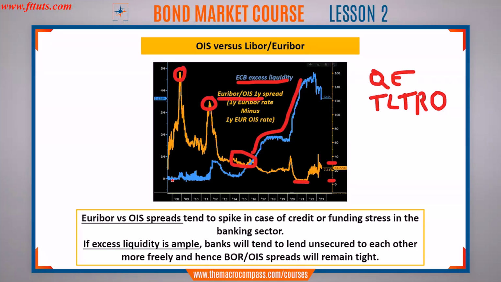The second reason was that excess liquidity was basically non-existent. So the European Central Bank hadn't launched QE, and hadn't done any outright monetary operations to try and inject excess reserves and excess liquidity into the system. The combination of the two, but most importantly, the credit stress, the plumbing stress in the system, led to the spread between Euribor and OIS to spike aggressively.